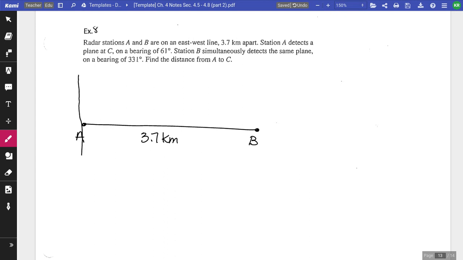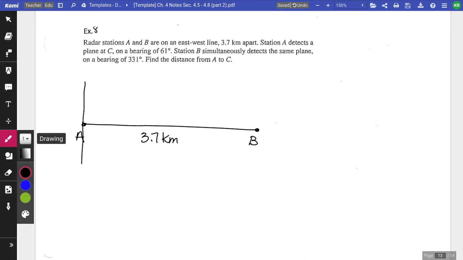So remember, you're going from north. Let's try again. Okay, and then so north 61 degrees would be an angle measure kind of like that. Okay, and so it sees this plane at C.